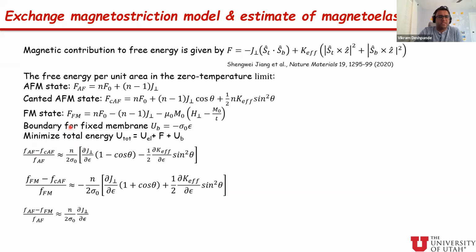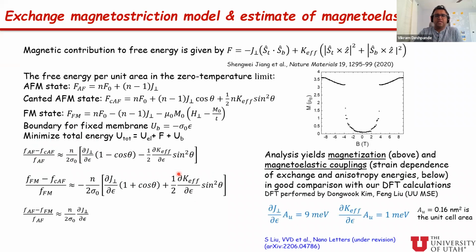It gives us an estimate of dJ/dε, which is a measure of how exchange changes as a function of strain, and dK/dε, which is a measure of how anisotropy changes as a function of strain. We can extract numbers for these quantities that look close enough to ones that our theory collaborator has obtained using DFT calculations.